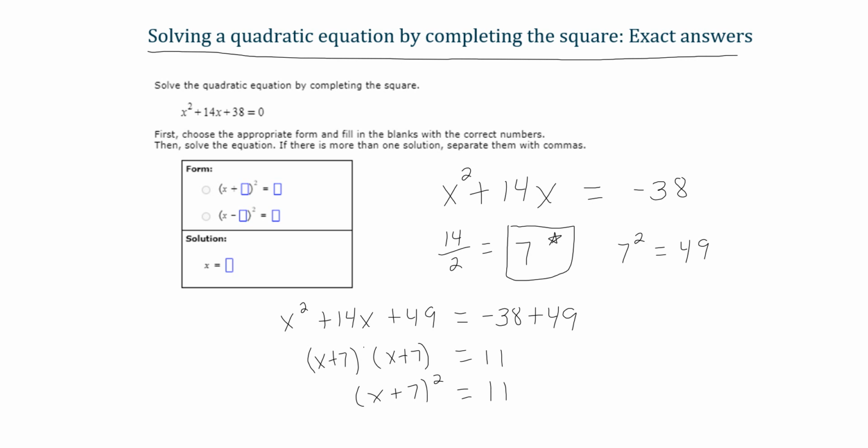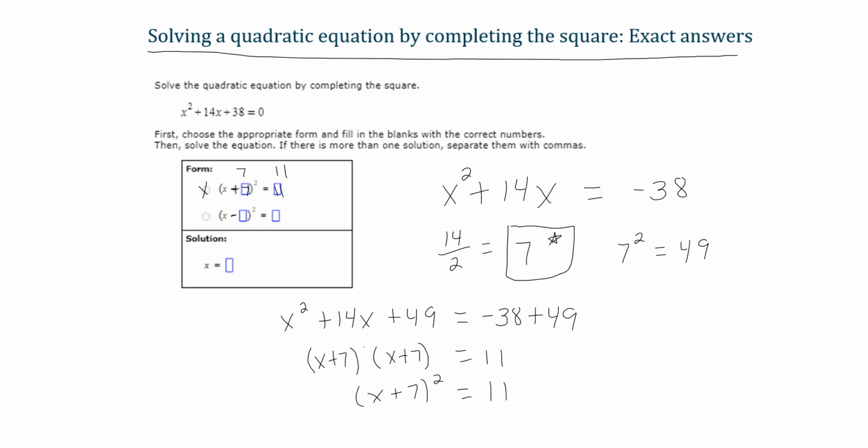If this happened to be a negative 7, you would put a minus 7 here. So for this first one, I know it's a little hard to see, that's a plus, that's a minus there. We would pick this one. We would put 7 here, and we would put 11 here. So 7 goes there, 11 goes there, just from this piece.